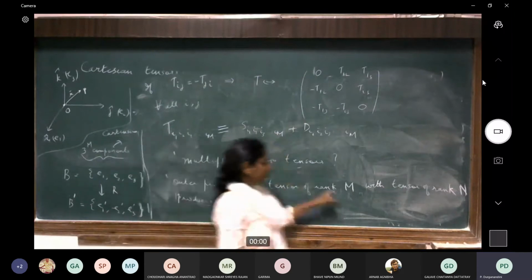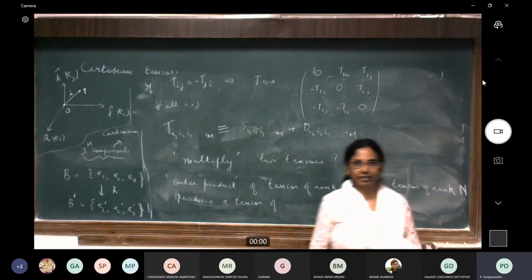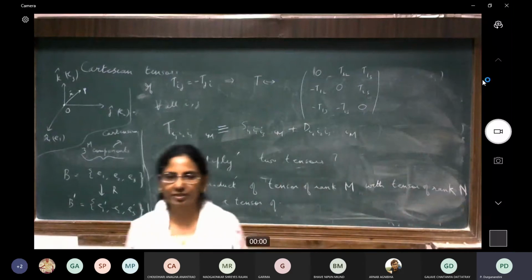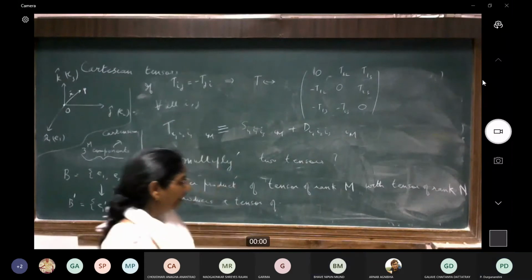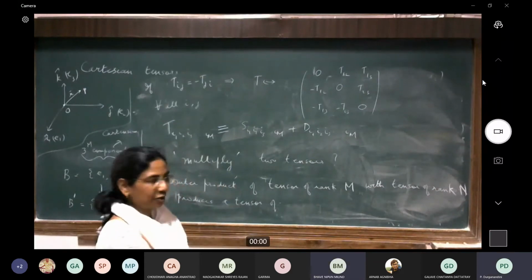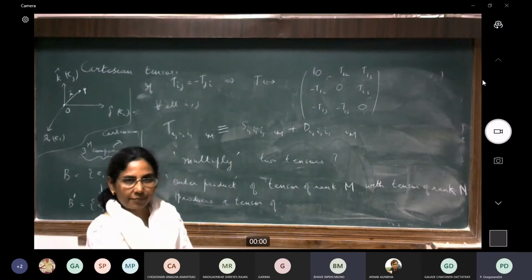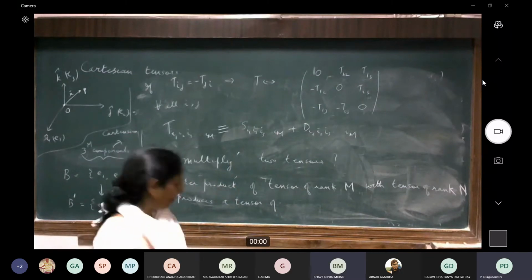If I take the outer product of a tensor of rank m and n, what will be the resultant tensor rank? 3 raised to m plus n? No, the rank of the tensor, not how many components. M plus N.